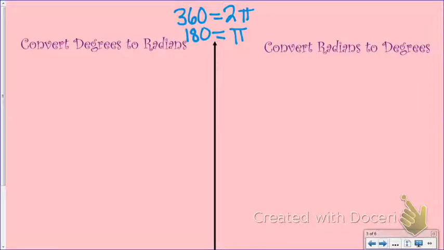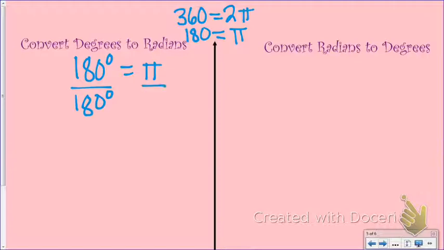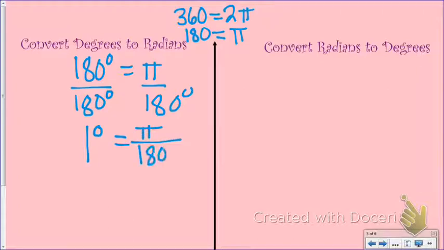So if I want to convert from degrees to radians, I need to understand what the equivalency of 1 degree is in radians. So let's say I use that value that I know 180 degrees is equal to pi radians. Well, in order to get 1 degree on the left side, I need to divide both sides by 180 degrees. That means that 1 degree is equal to pi over 180 radians.